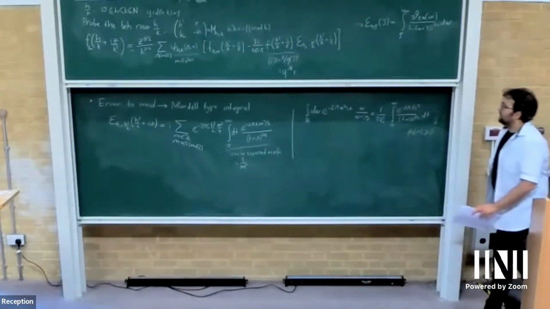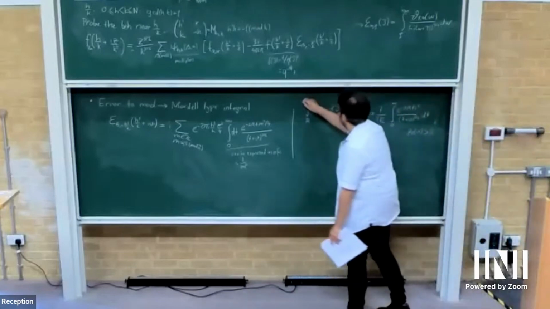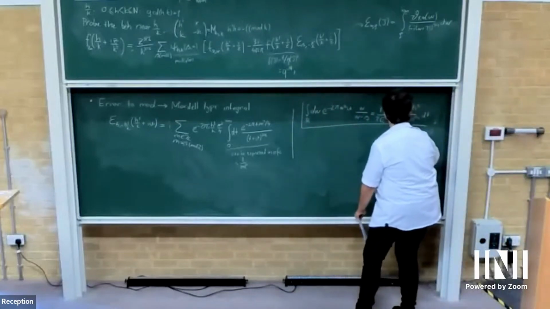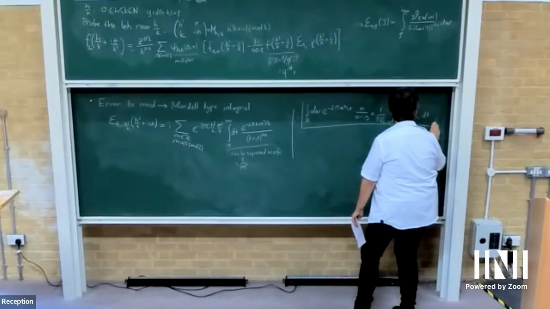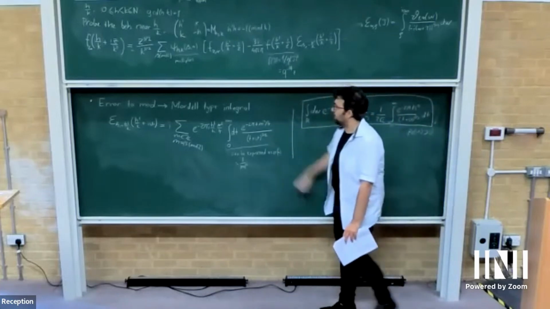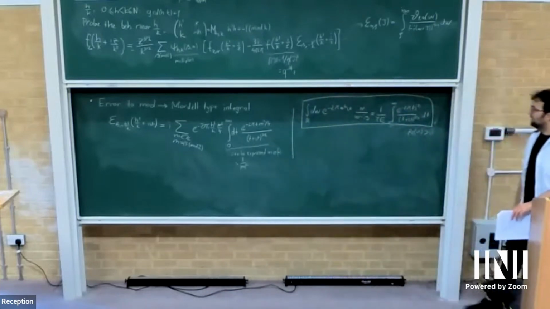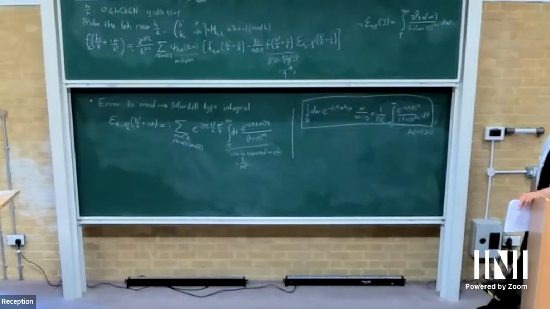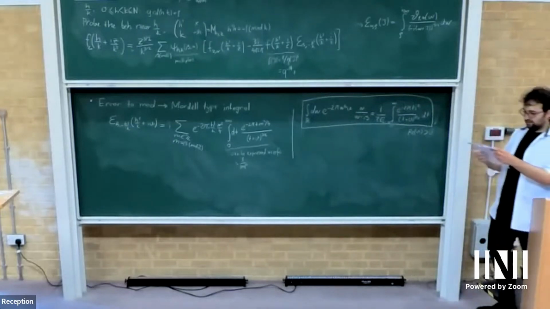And this is the key result here, because the right-hand side is precisely what's going to come in this formula. So we're going to use it with s equals m/2.